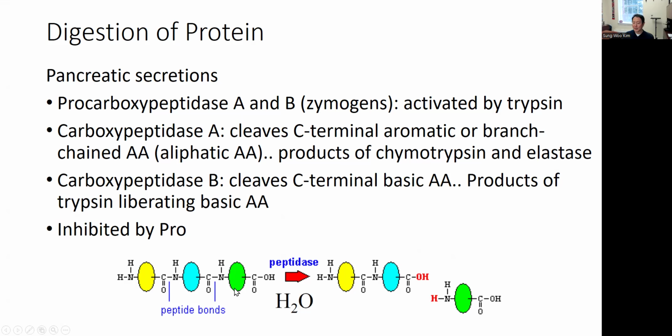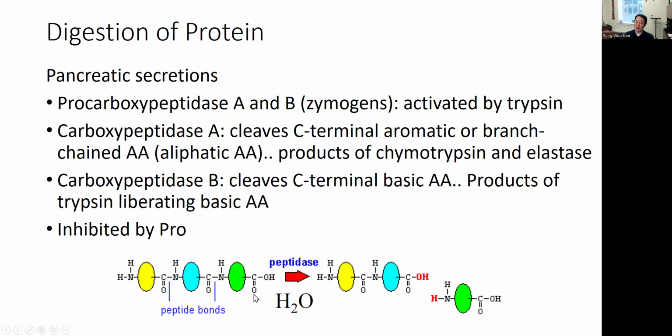Let's say this green amino acid is lysine, right? So the reason why we have this small peptide with lysine on the carboxyl end is because of the outcome of trypsin action. Trypsin cut peptide bonds on the carboxyl side of lysine.